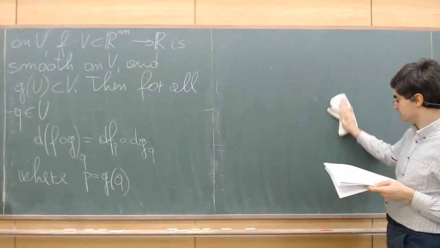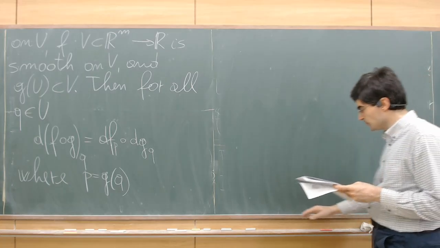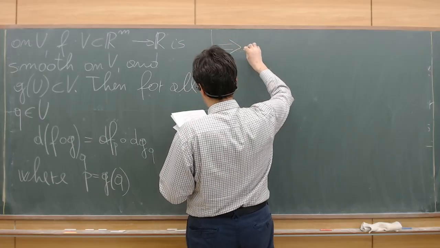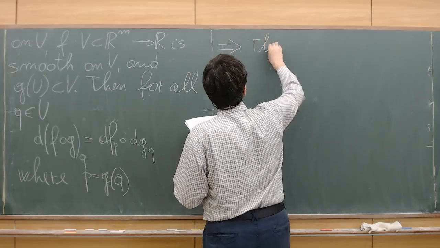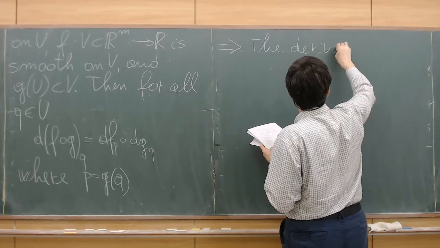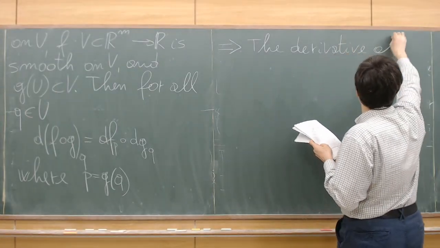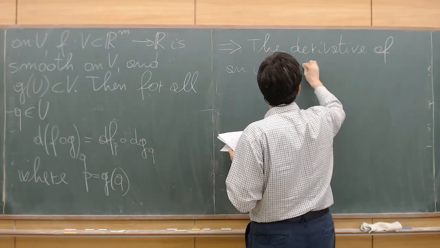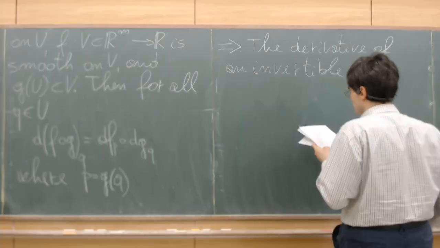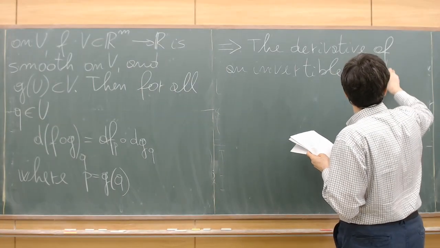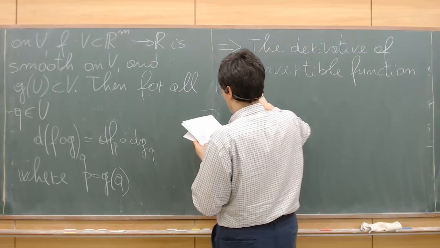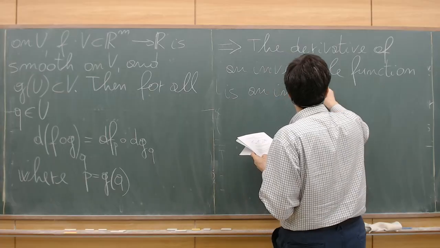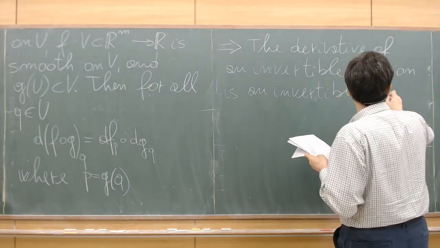This formula allows you to prove the following result. The derivative of an invertible function is an invertible matrix.